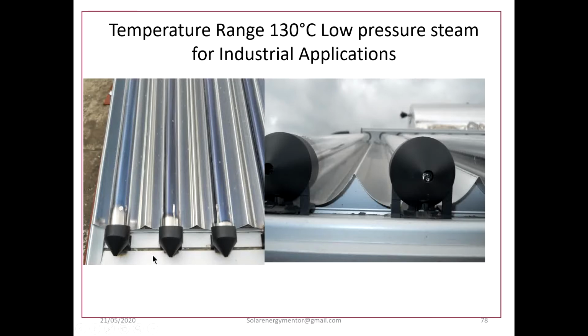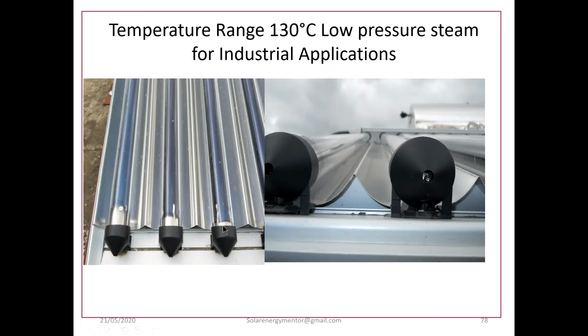This is a close up of the evacuated type of collector. You can see the reflectors, and at the focus there is a tube. This part is an anodized aluminum sheet which works as a reflector, and at the center there is a U tube.